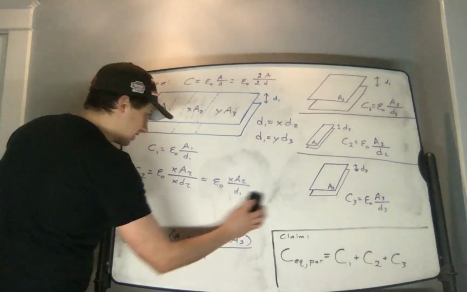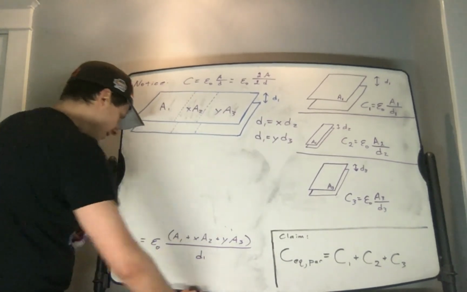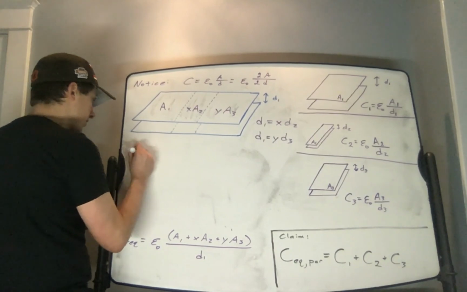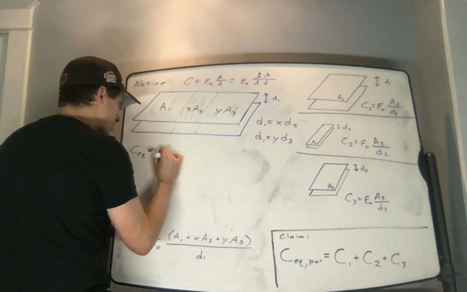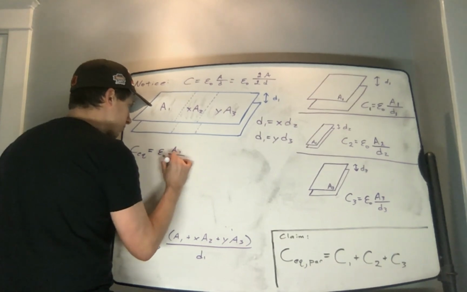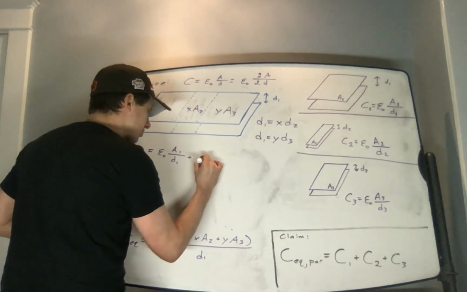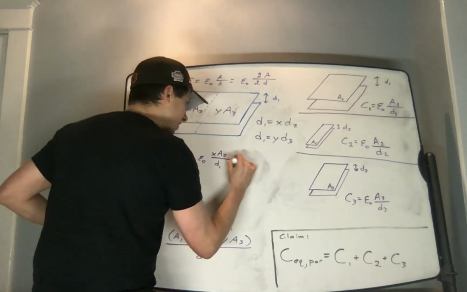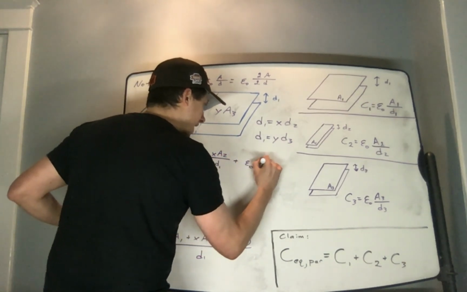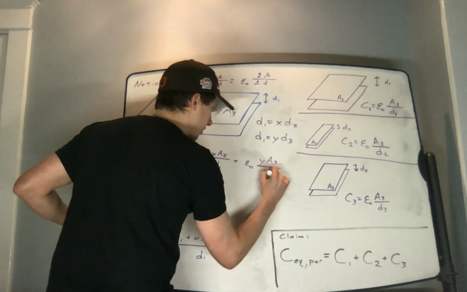So I could write that C equivalent is going to be equal to epsilon naught A1 over d1 plus epsilon naught x A2 over d1 plus epsilon naught y A3 over d1.